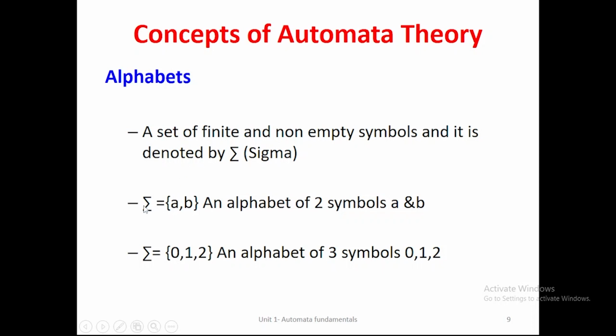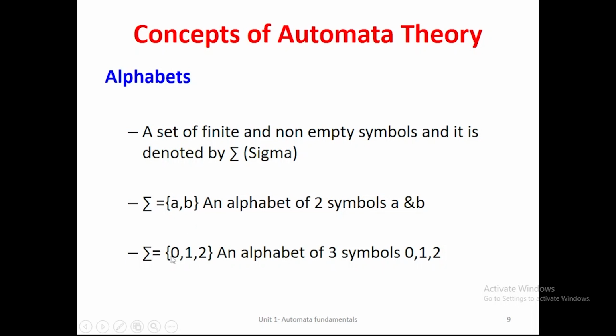An alphabet may be a single letter symbol, two letter symbol, or three letter symbol. So we describe an alphabet as a finite set of symbols. For example, sigma is equal to {A, B}, which is described within a set. So it is described as an alphabet of two symbols A and B.